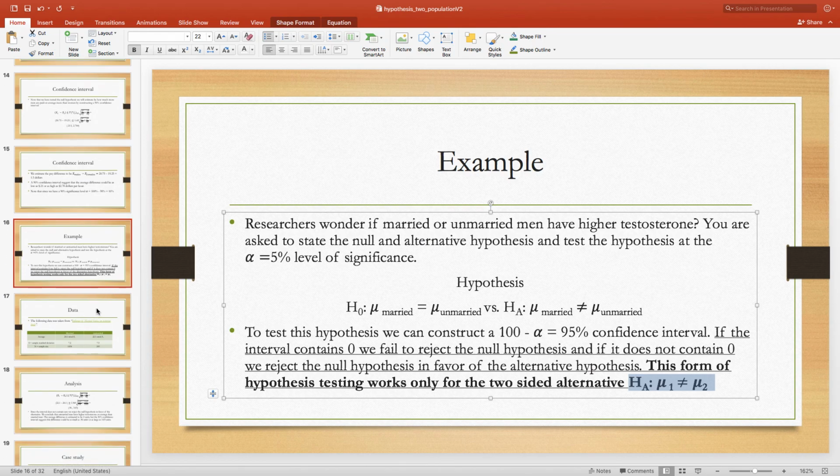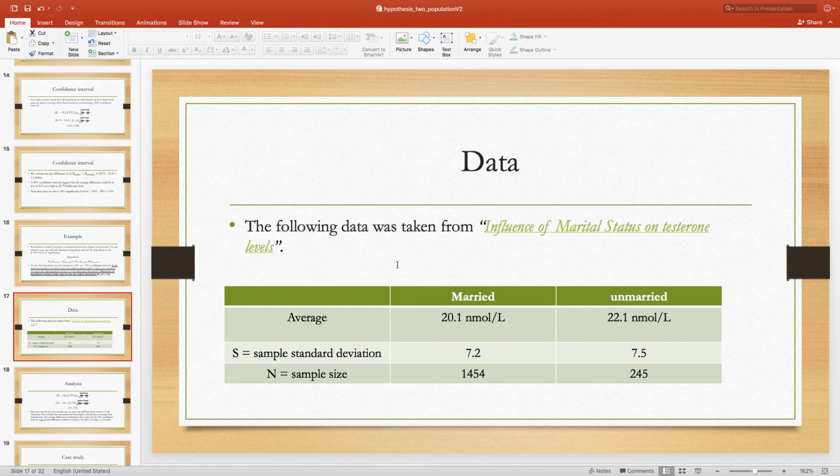So here's the data. By the way, this data was taken from an actual study titled The Influence of Marital Status on Testosterone Levels. You can click on that for the article if you'd like. Here's the average testosterone, and these are the units, moles per liter.